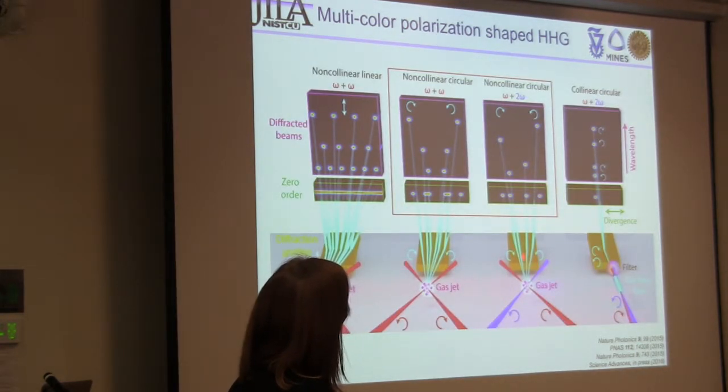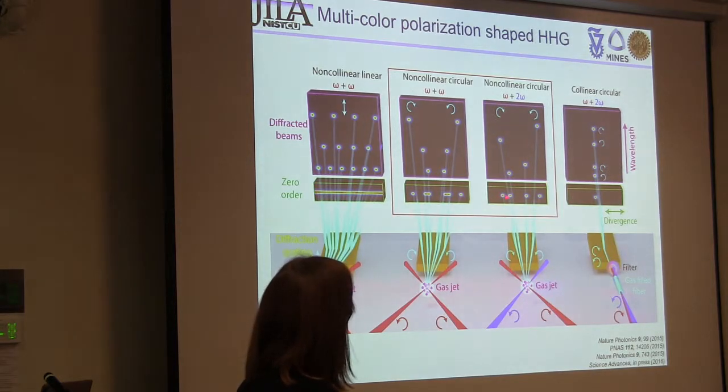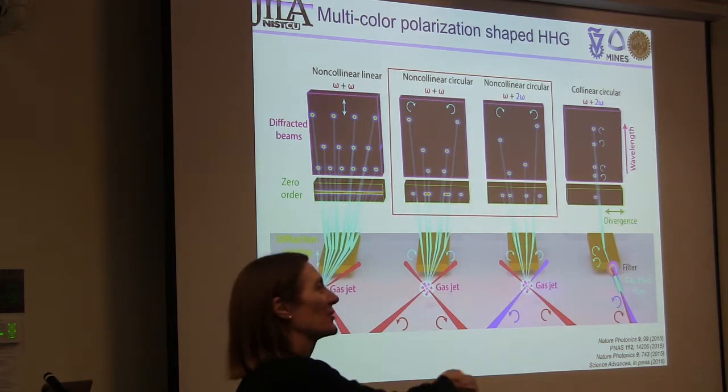This just shows you the zero order if you cross. If you do it right, you can actually separate them spatially. Each harmonic comes out at a different angle.